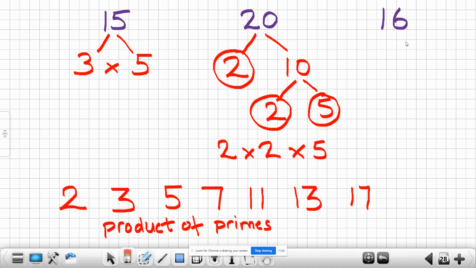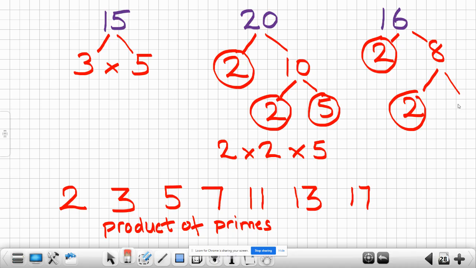Okay, let's have a look at 16. Well, we could do it in various ways, but let's say we went for 2 times 8. 2 is prime. 8 is not, so we need to break that up. So we could break that up into 2 times 4. I've circled 2 because I know that's prime, but 4 isn't, so I've got to keep going.